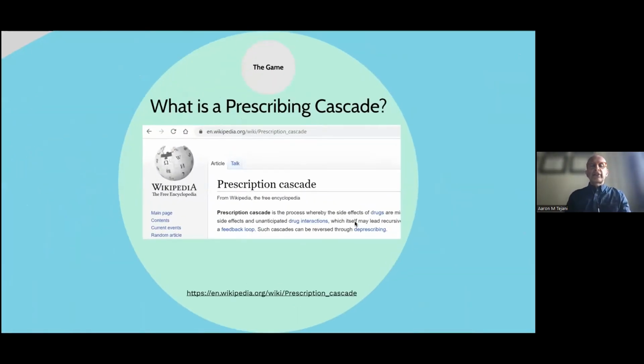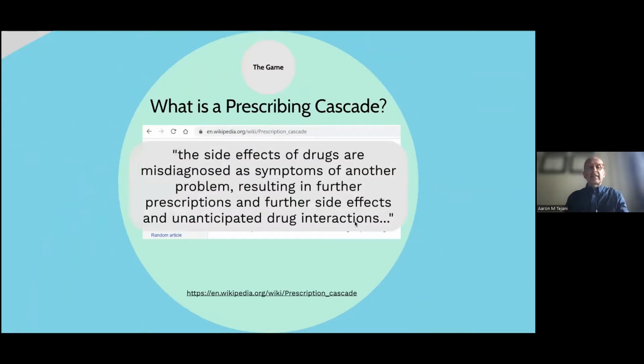Okay, so first, in terms of the definition, there are a number of them available online within articles or journal publications. I found one in Wikipedia, and what that one says is a prescribing cascade comes about when the side effects of drugs are misdiagnosed as symptoms of another problem, resulting in further prescriptions and further side effects and unanticipated drug interactions.